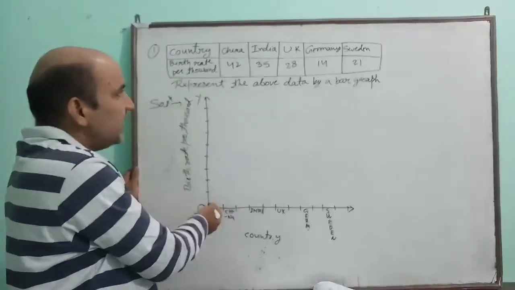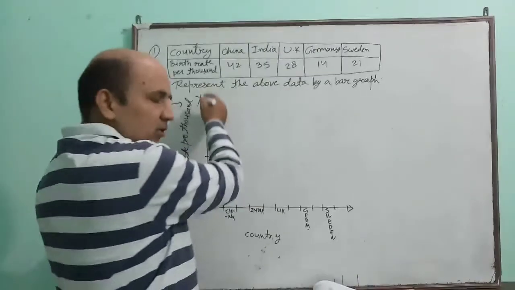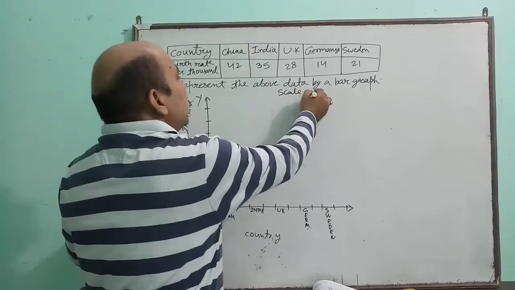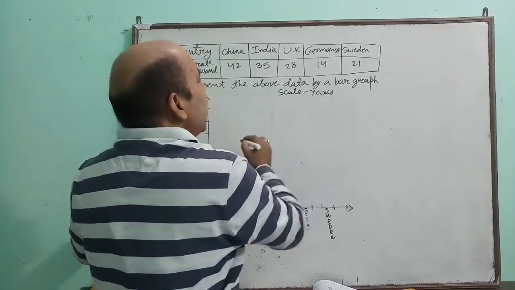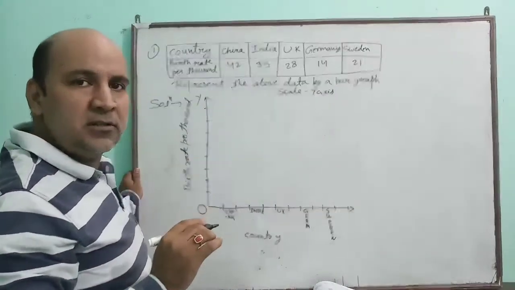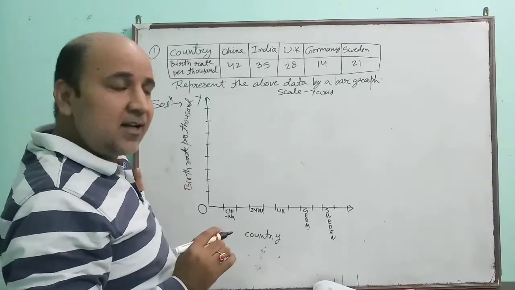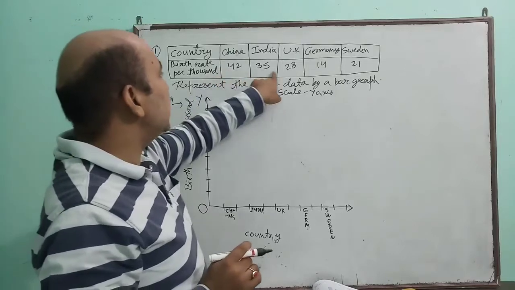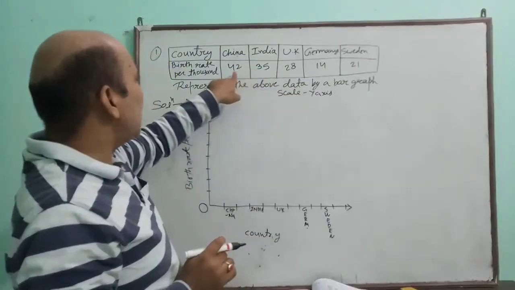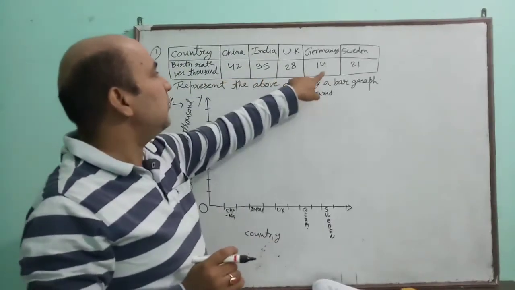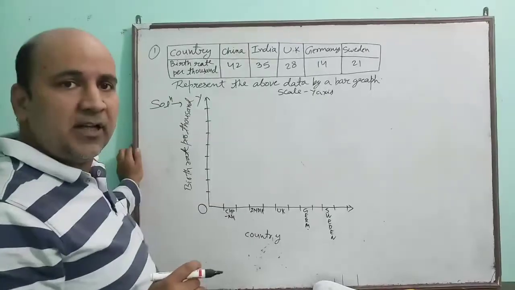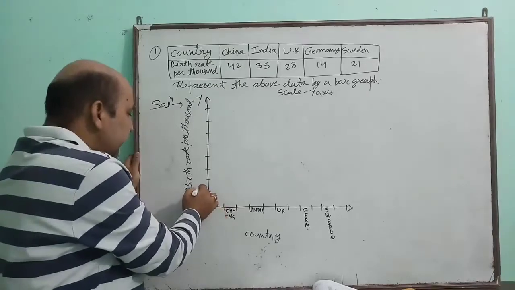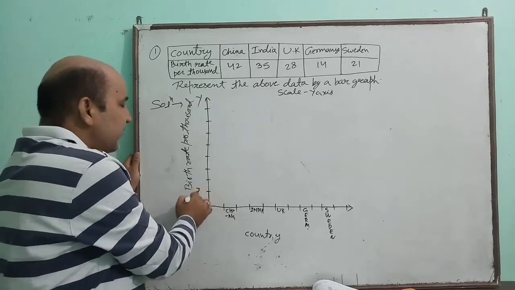For the y-axis, we have to write some scale. How will you suppose the scale? For that you have to see these numbers. If you watch carefully, all the numbers are divisible by 7. So we will suppose that 1 centimeter is equal to 7.